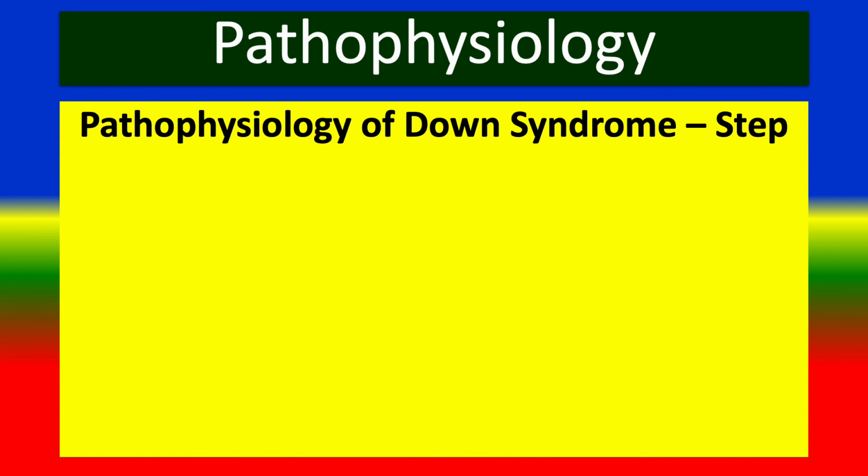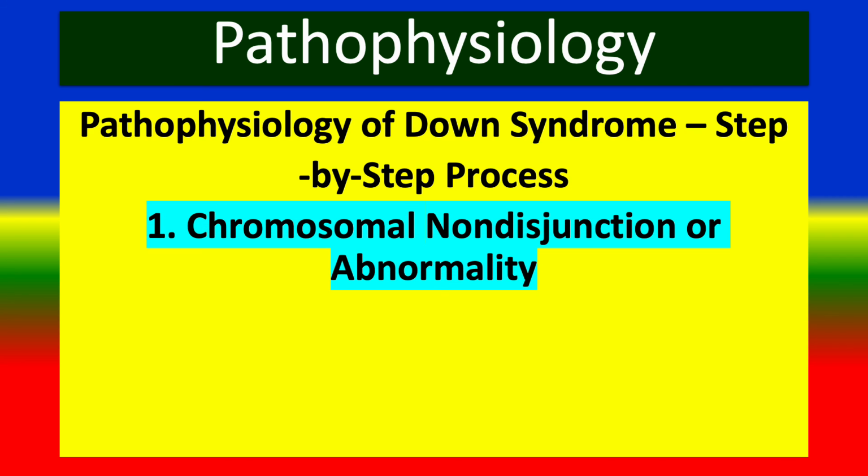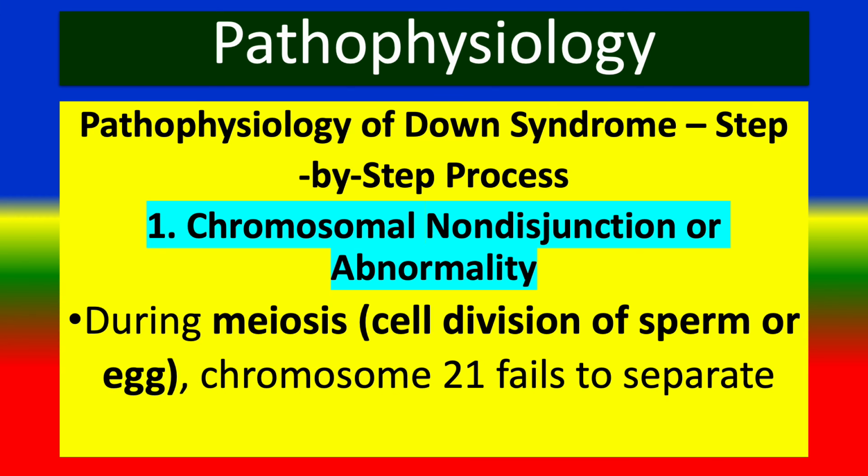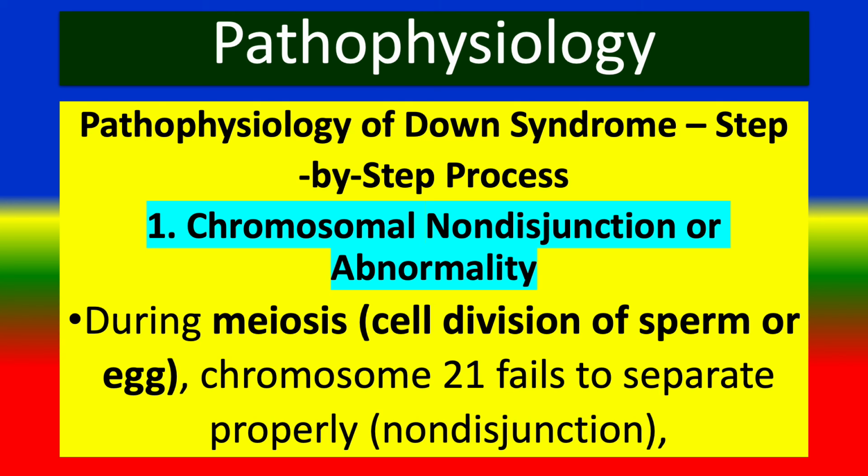Pathophysiology. Pathophysiology of Down syndrome, step-by-step process. 1. Chromosomal non-disjunction or abnormality. During meiosis, cell division of sperm or egg, chromosome 21 fails to separate properly, non-disjunction.